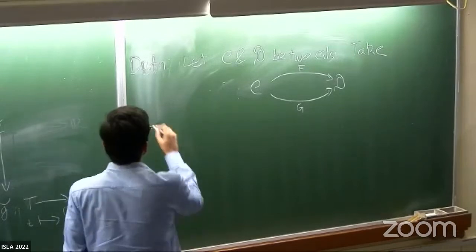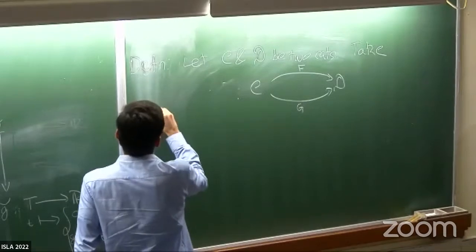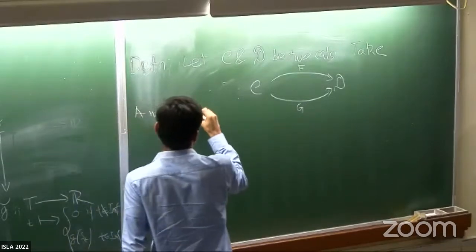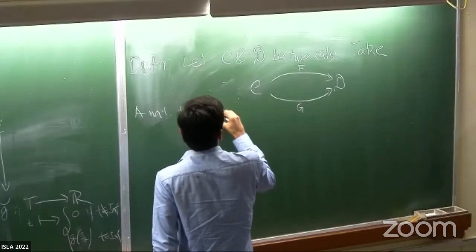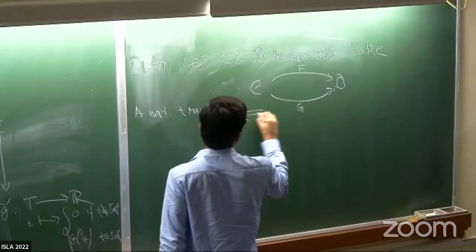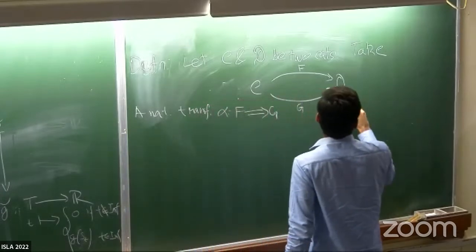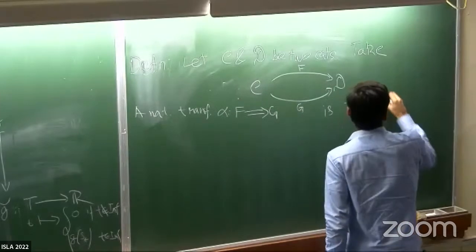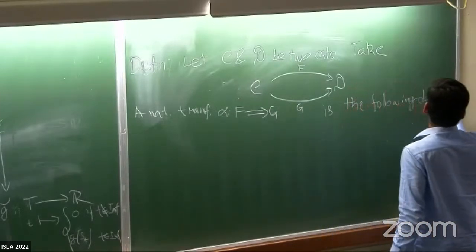In this situation, a natural transformation alpha, denoted F to G, is the following data. What is the data?